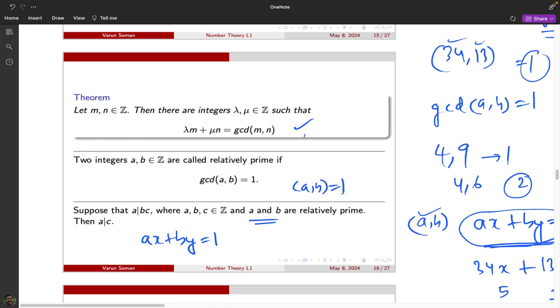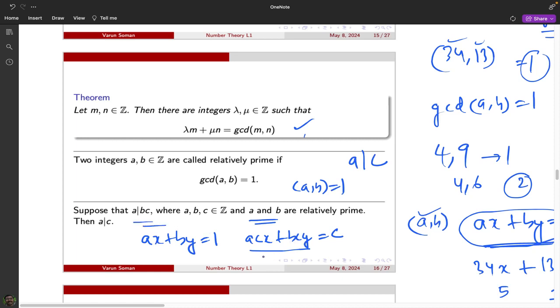Now I have to show that a divides c. So I have to show that c is a multiple of a. So in this equation I'll multiply uniformly by c. So what will I get? It will be acx plus bcy is equal to c. Now if you look at the left hand side, you can see that a is a factor of acx, and also it is given that a divides bc.